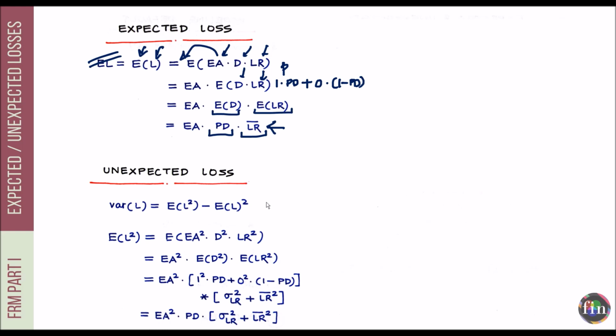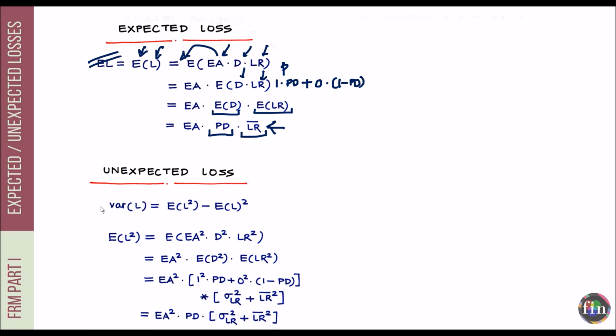This choice of unexpected loss as the standard deviation may not necessarily be a very good choice, especially because in the case of credit risk, my loss distribution is generally not as symmetric as what you encounter in market risk. It's a pretty asymmetric distribution. Still, let's not debate that here. Let's proceed with our choice of unexpected loss to be the standard deviation of my loss distribution.